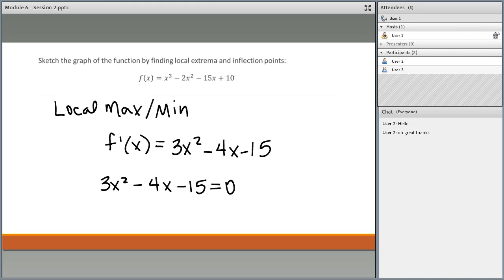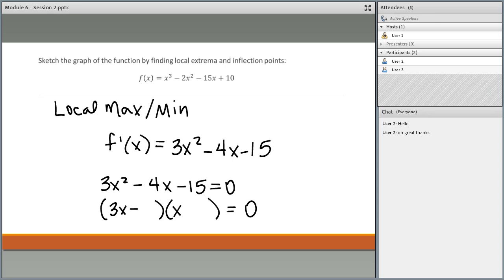So to solve this, the easiest way to do it is to factor it. So the first term, 3x squared, can only be broken down into 3x and x. What I usually do is I usually bring down the first sign.